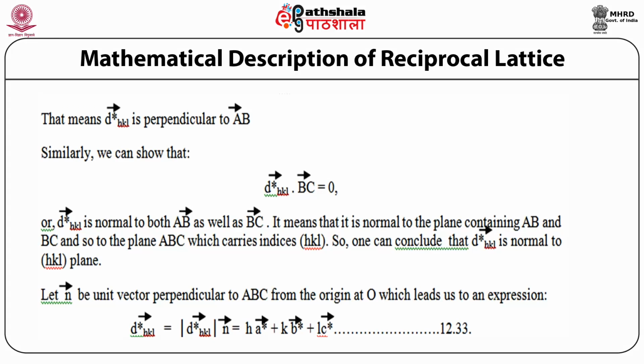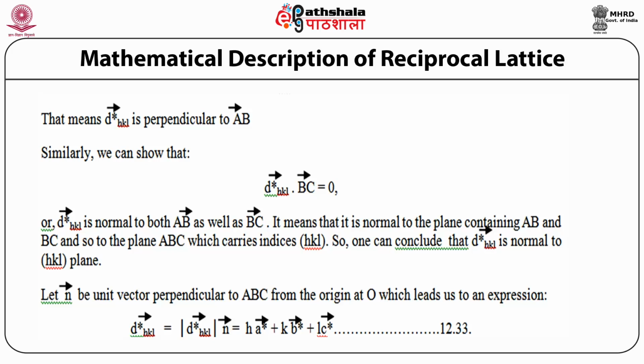That means vector d* HKL is perpendicular to vector AB. Similarly, we can show that d* HKL dot BC is equal to 0, or d* HKL is normal to both AB as well as BC. It means that it is normal to the plane containing AB and BC, and so to the plane ABC, which carries indices HKL.